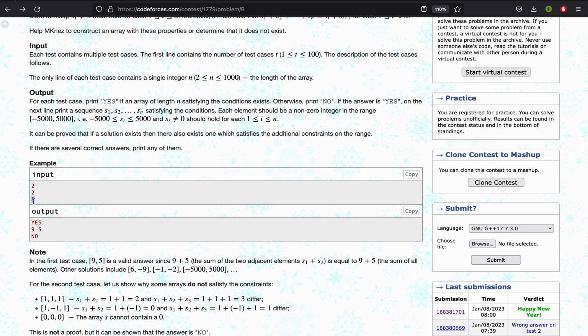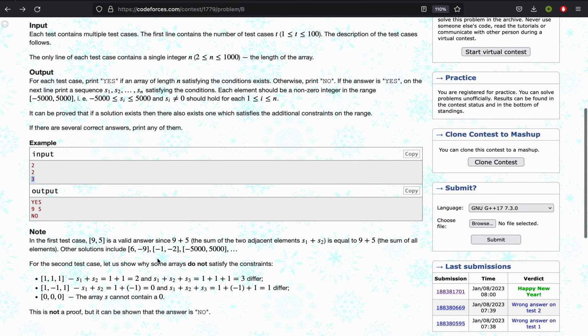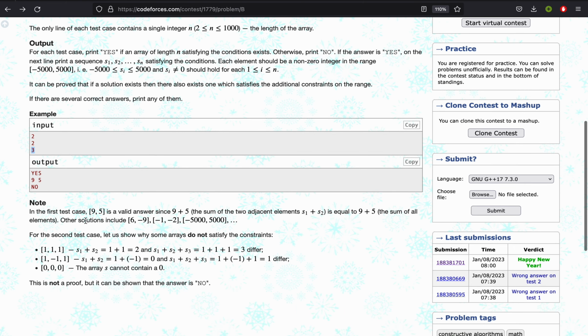For n equal to 3, there is no possible array where the adjacent sum equals the whole array sum. The examples explain both test cases, and we will see this in more detail.